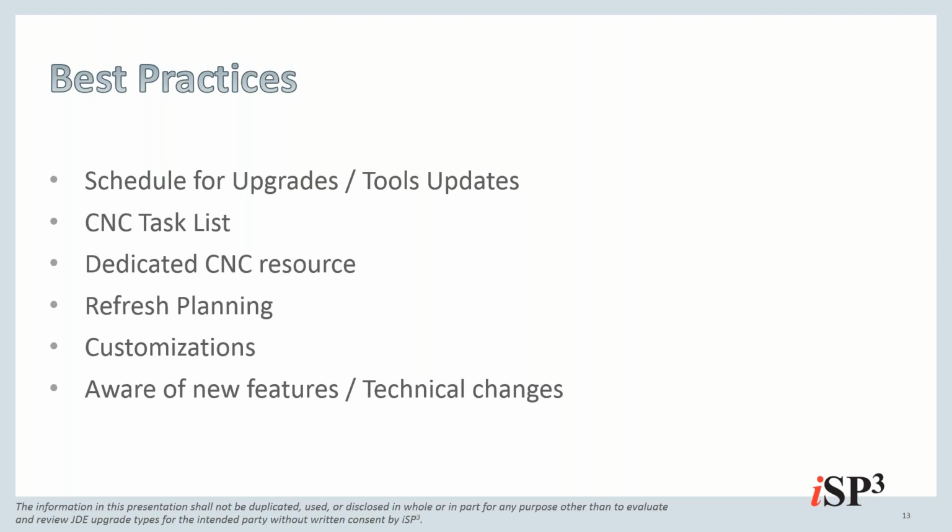Refresh planning. So your data set, what you bring over to upgrade to the 9.2 side, make sure you have that on the 9.1 side in the PY environment. So when a user goes in and tests in PY 9.2.0, for instance, and they say, this isn't right, this doesn't look right, what was it in 9.1?